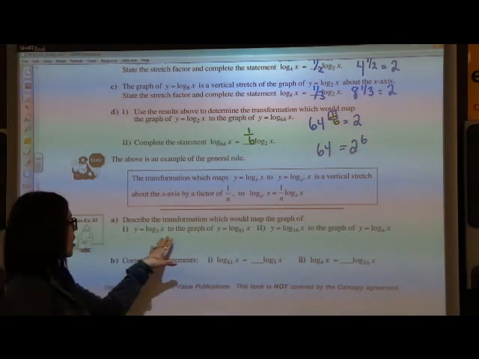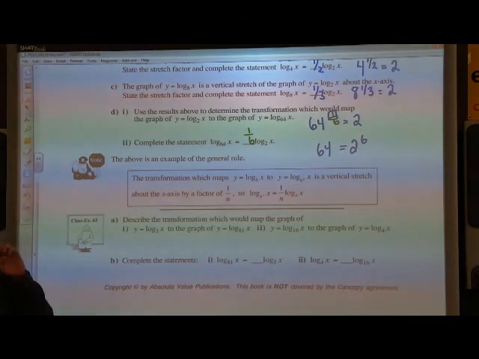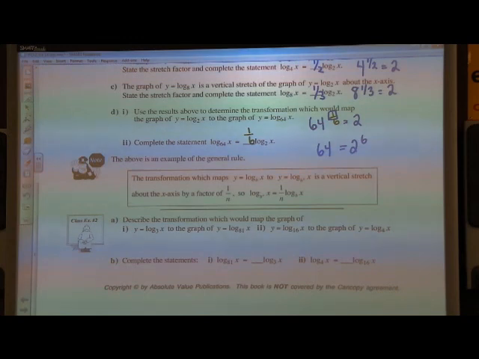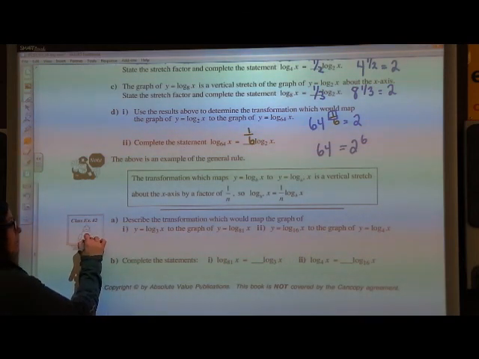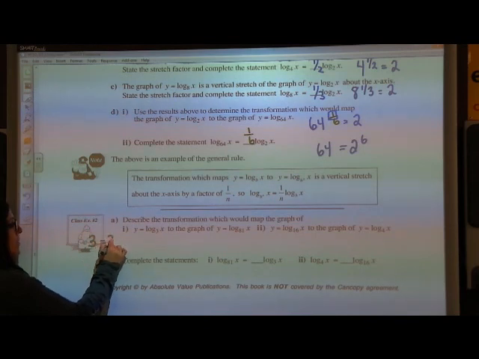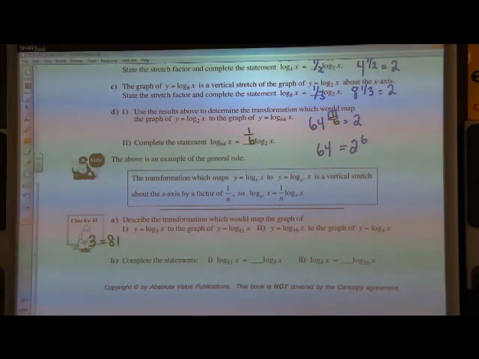So if I have log base 3 of x, and I want to transform it to the graph of log base 81 of x, what I want to determine is 3 to what power is equal to 81? 4.